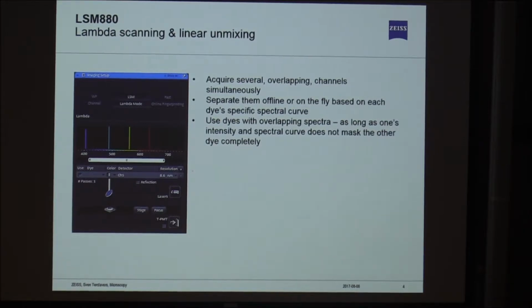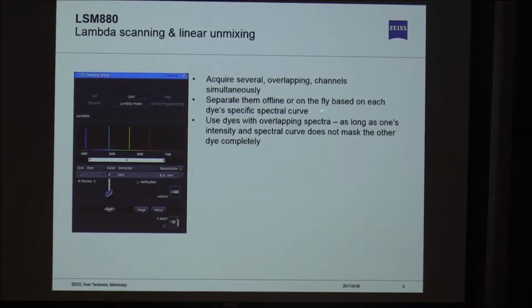The main advantage here is that you can also scan like 4, 5, 6 dyes in one run. So you only have one scan, and then the software will separate those dyes for you. This can save a lot of time instead of scanning first my blue, then my red, and then my green, and then my yellow, and so on. So you can really speed up your image acquisition 3, 4, 5 times.